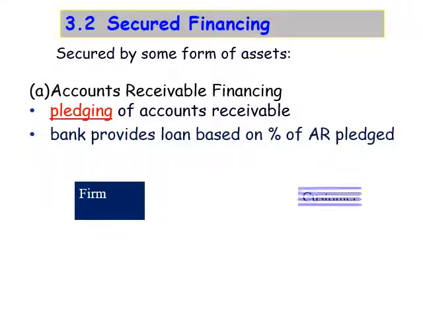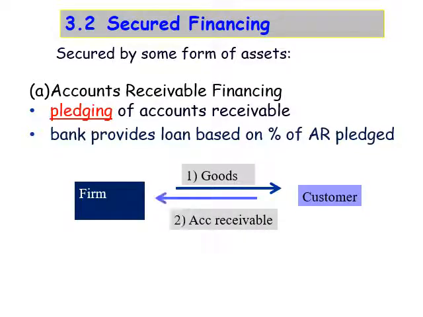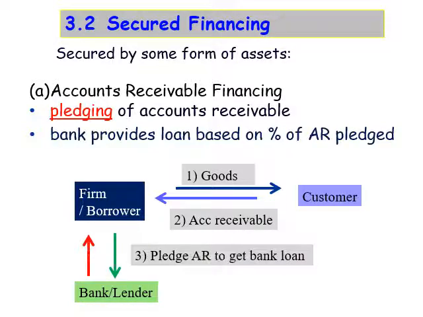So the firm here sells some goods to the customer, and the customer in turn owes the firm and becomes accounts receivable. The firm wants to borrow money from a bank and pledge the accounts receivable to get the bank loan.